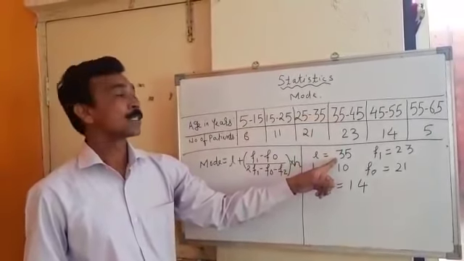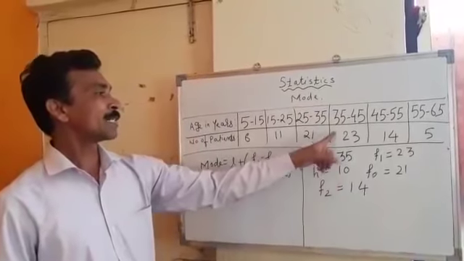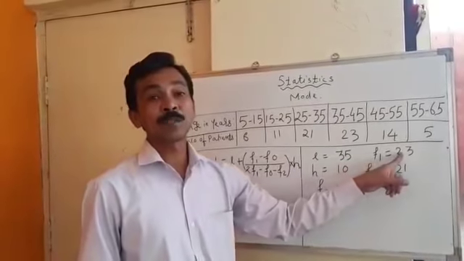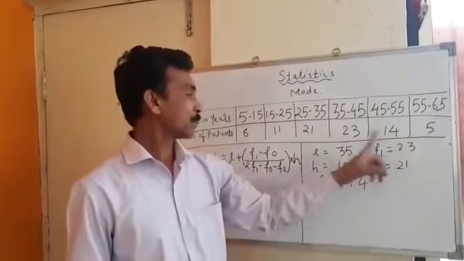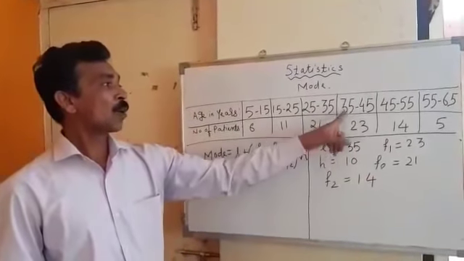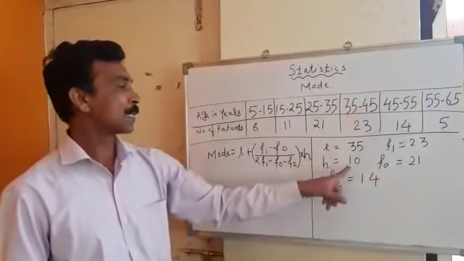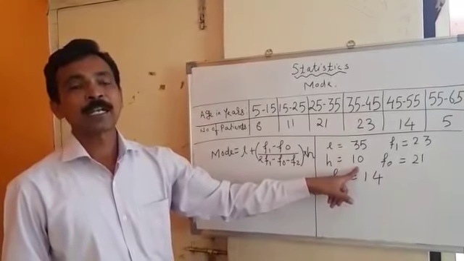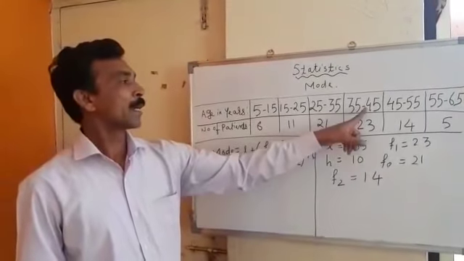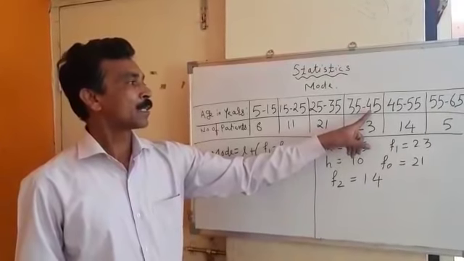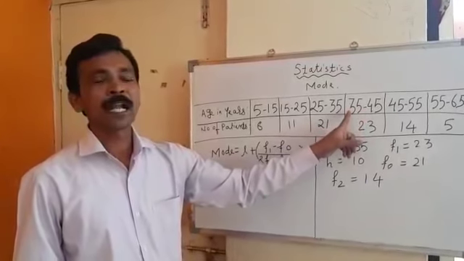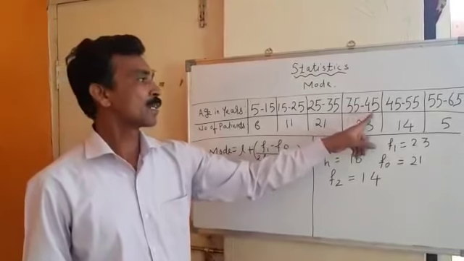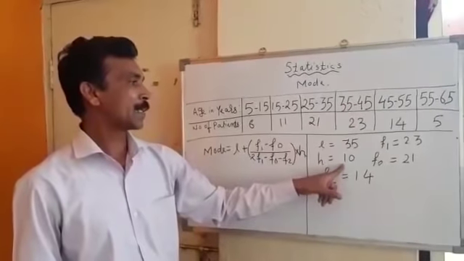Lower limit L is 35. Maximum frequency is called F1, which is equal to 23. The class size of the modal class is 10. Class size is H, and we find H by subtracting lower limit from upper limit. So 45 minus 35 is 10.